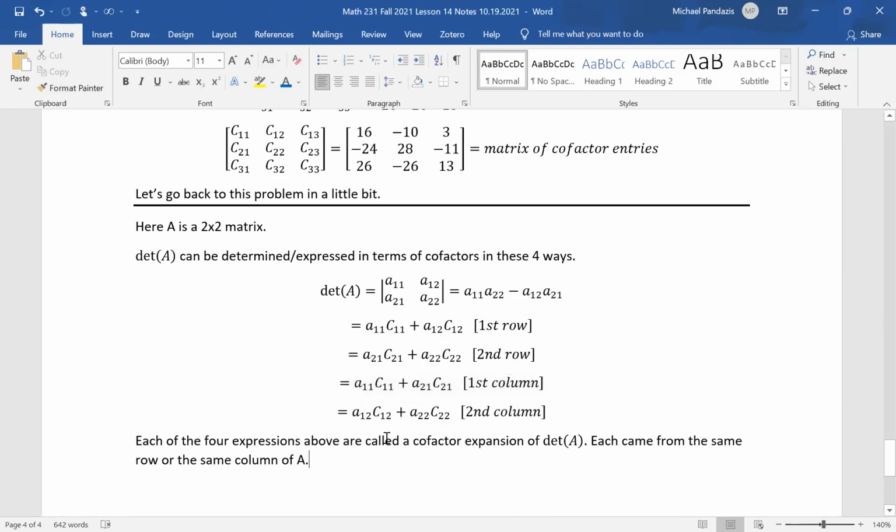Okay, so this is a theorem. It's theorem 2.1.1 in the book.